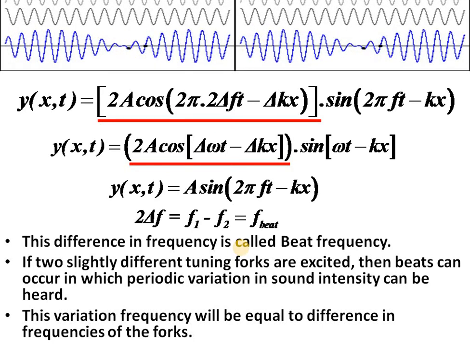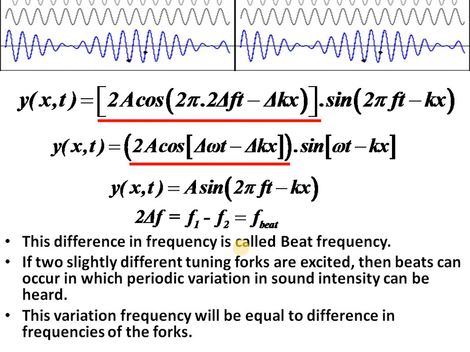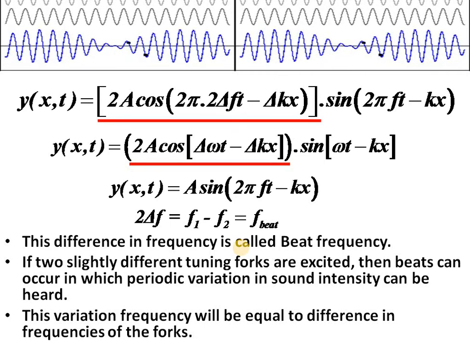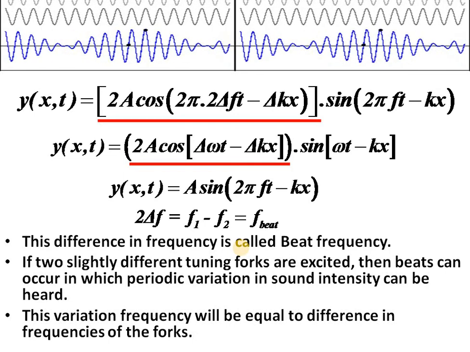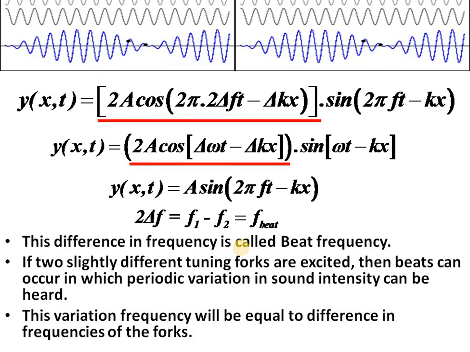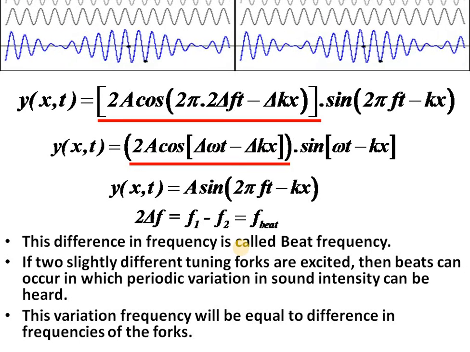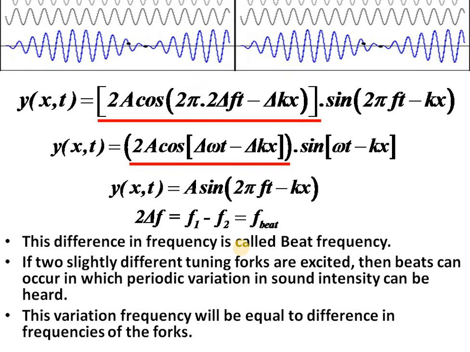If the number of beats per second increases, it becomes very difficult to distinguish them separately. So it is always better to have a very small difference, maybe 1 hertz or 2 hertz, which will be clearly audible.